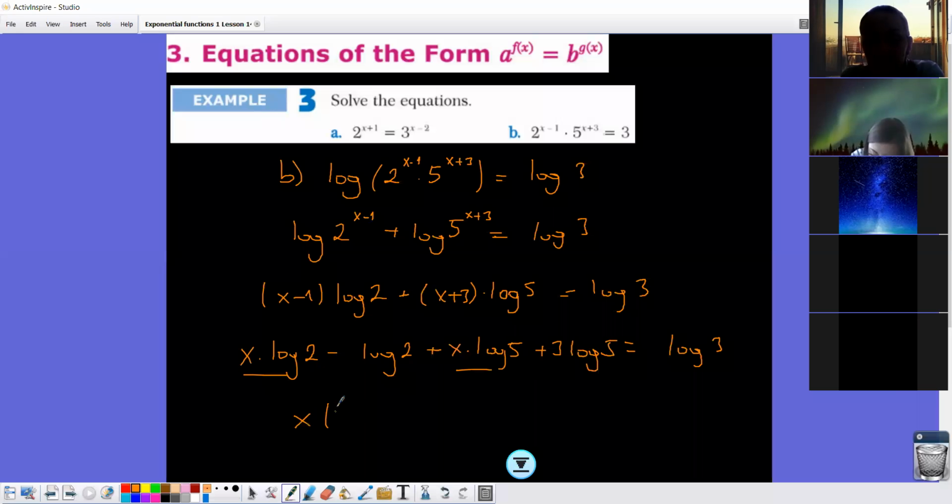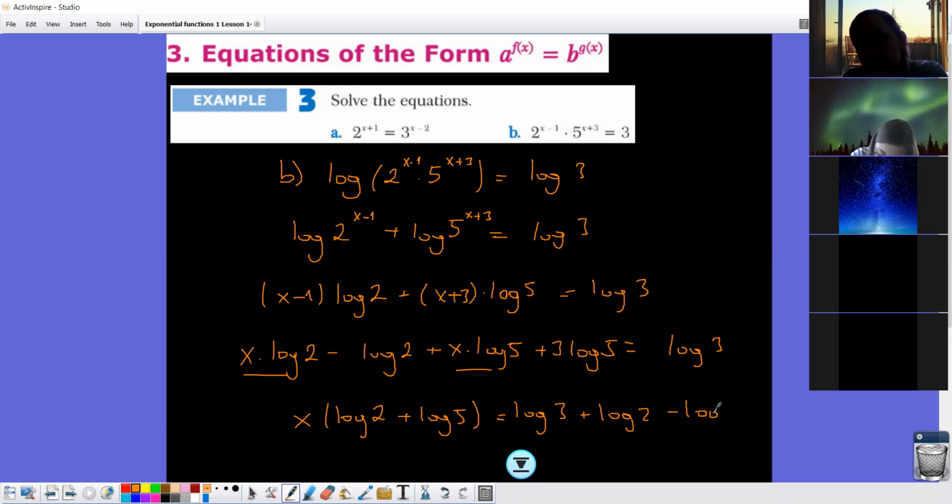We have x times logarithm of 2 plus logarithm of 5 is equal to logarithm of 3 plus logarithm of 2 minus logarithm of 5 cubed. What will be 5 cubed? 125.